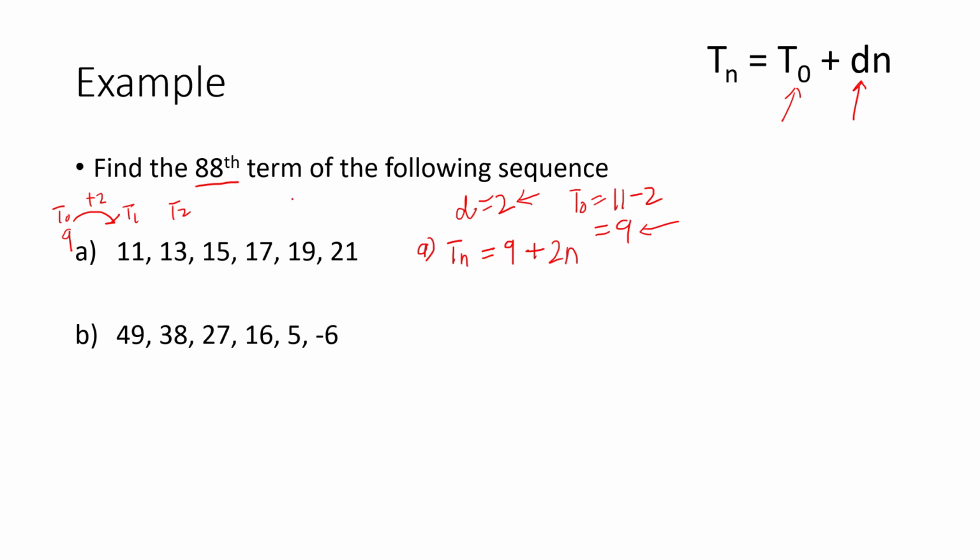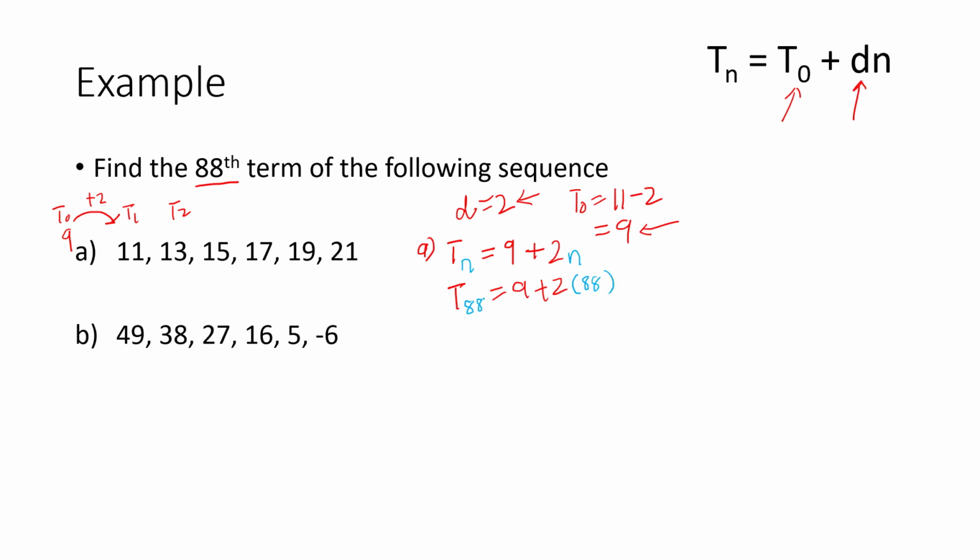Next, because I want to find what is term 88, maybe let me just change the color. So T88 is equal to 9 plus 2 times 88.